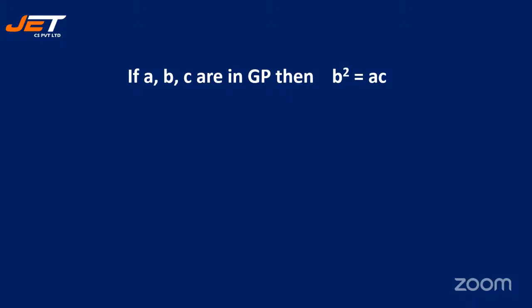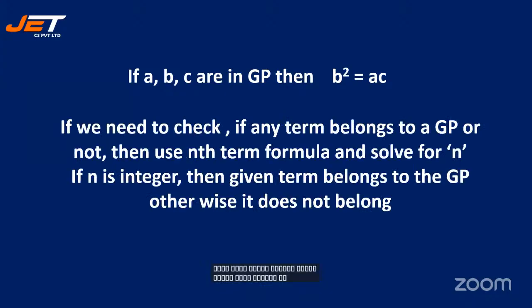For AP, we did (A plus C) by 2: the first term and the last term we added and then divided by 2. Now in GP, B square is equal to AC. If we need to check if any term belongs to a GP or not, we should use the nth term formula and solve for n.